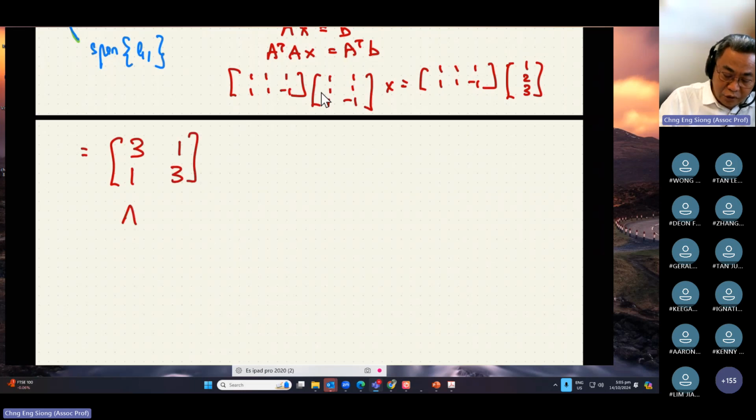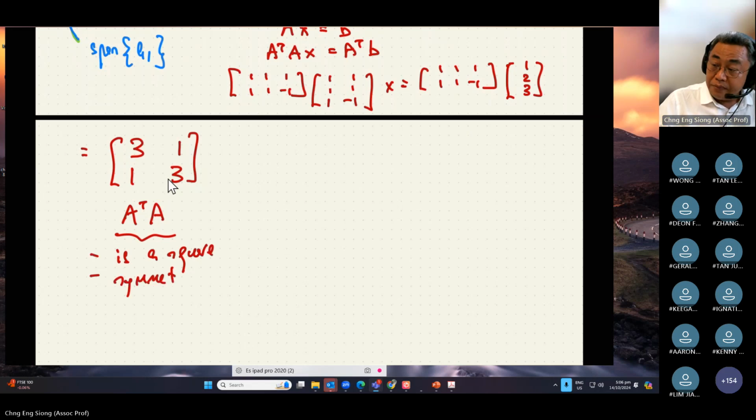Notice that A transpose A is a what matrix, guys? It's a square matrix. What else? Symmetric matrix. And symmetric matrices have very nice properties, as you'll see later on.